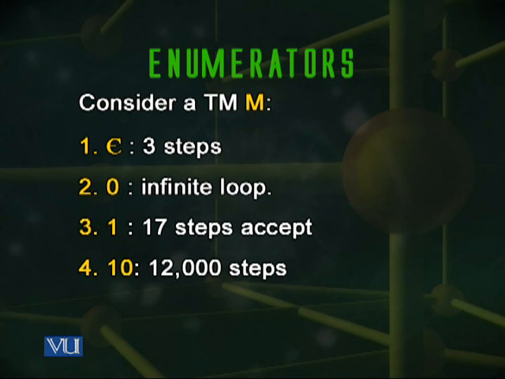The string 1 will be outputted in the 17th phase by this enumerator. On the other hand, the string 10 will be outputted in the 12,000th phase of this algorithm. So this enumerator will be enumerating all the strings that are accepted by this Turing machine M.